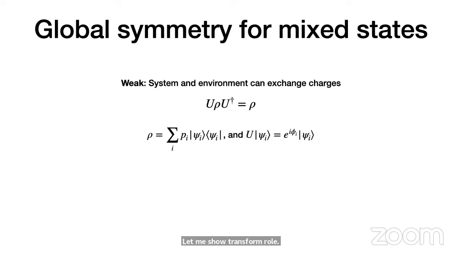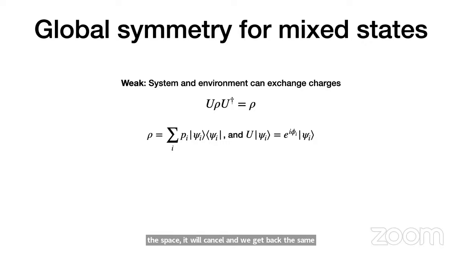And this is one way to have weak symmetry. That is, you still expand it in some pure states, and these pure states are still eigenstates of U, but they have different phases under the action of U. In that case, if you conjugate the rho from both sides, these phases will cancel and we get back the same density matrix.